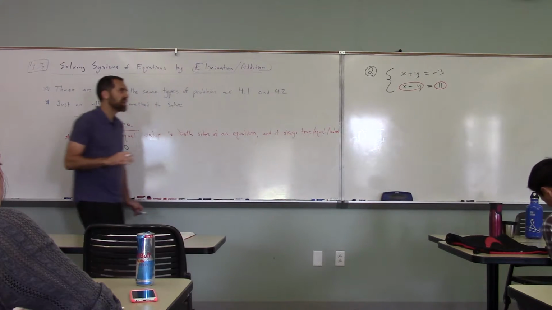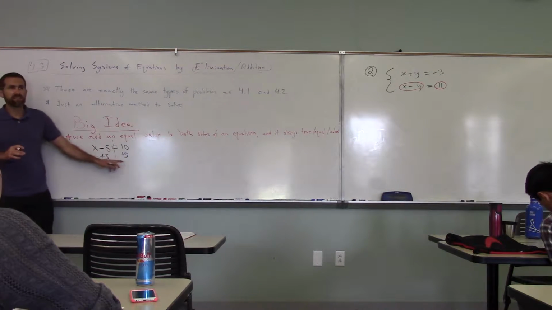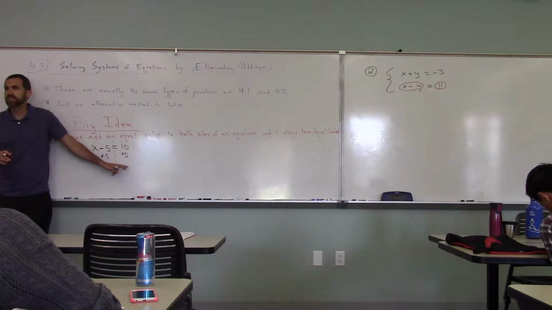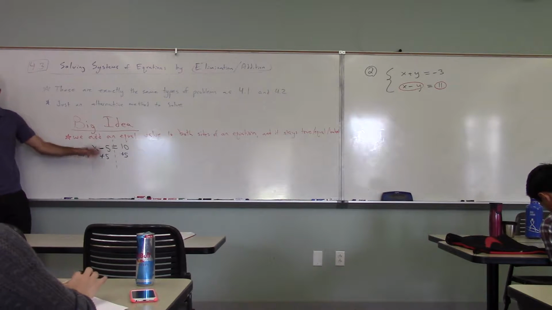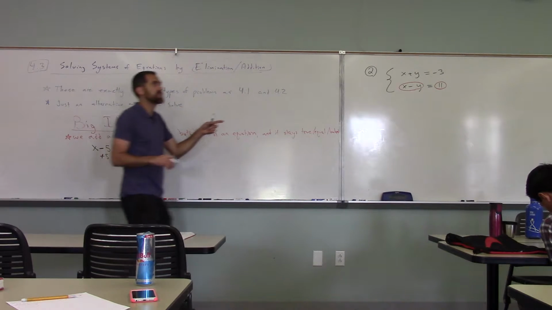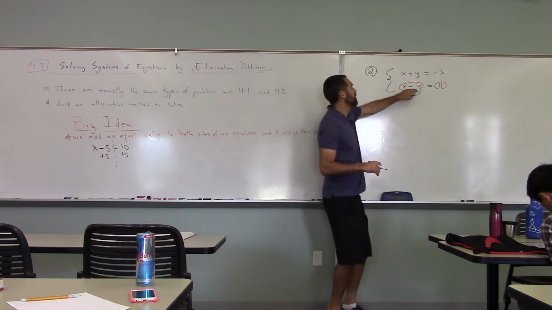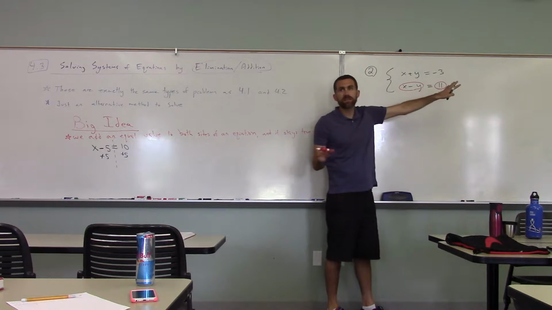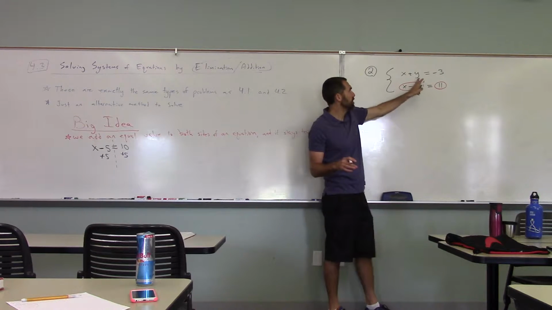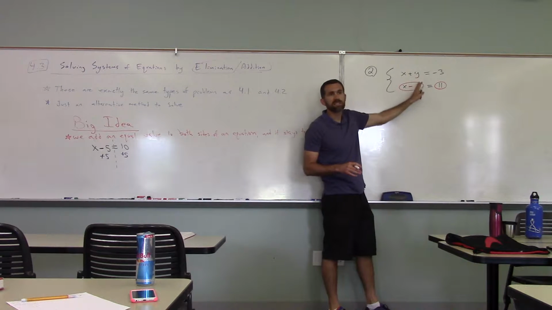So instead of adding 5 to both sides of the equation to simplify things and solve, what we're going to do over here is add this to this side and this to this side, since they're equal. And that will cancel out our y's.